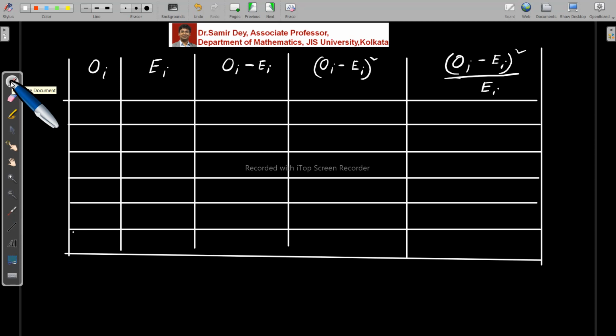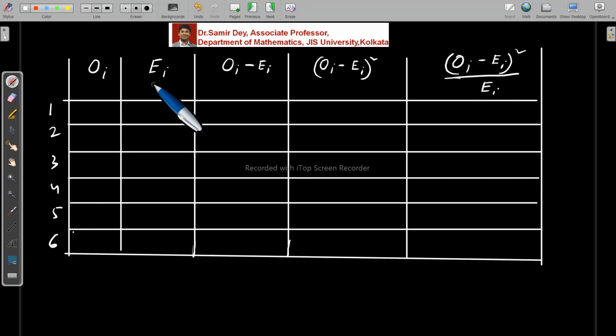Now 1 appears, 2 appears, 3 appears, 4 appears, 5 appears, 6 appears.